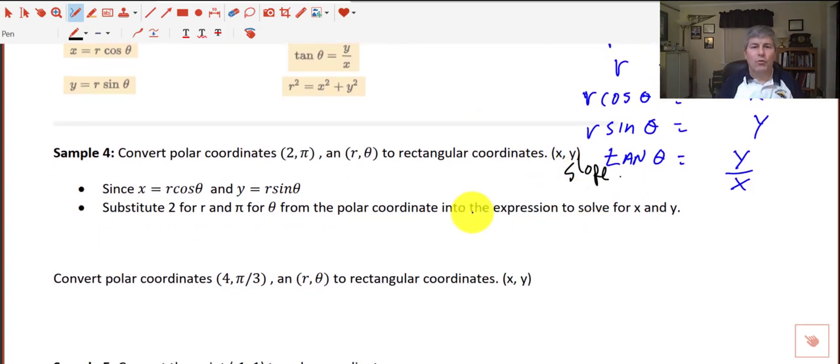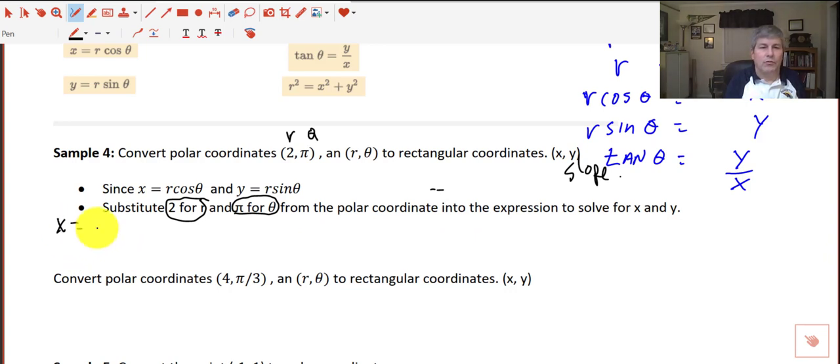We'll convert polar coordinates, our r and our theta of 2 and pi radians, to rectangular coordinates x and y. Since we know x is r cosine of theta and y is r sine of theta, we can substitute our r value of 2 and our theta value of pi and get values for x and y.